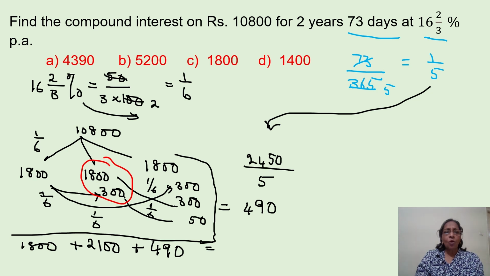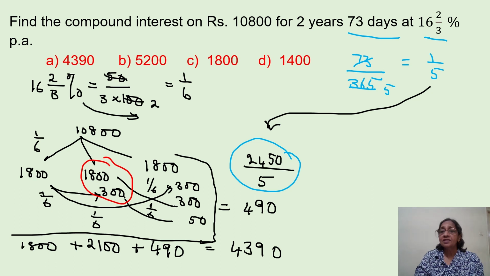So now when you add all this total, it comes to 4390. Okay, now get this very clear, why we divide the third year's interest by 5, because it is only 1/5 of the year. Okay, so your correct option is the A option. Okay, let's go to the next sum.